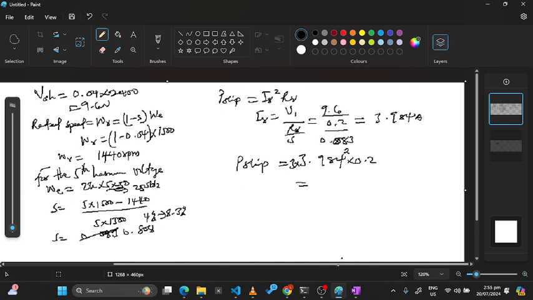So this current will change. 0.808. Okay, so 38.784, squared. So 902.5 watts.